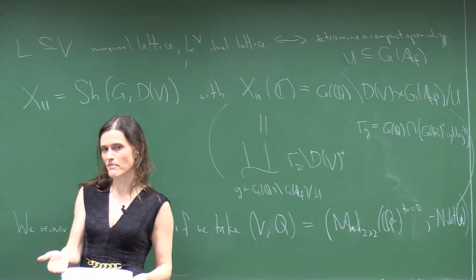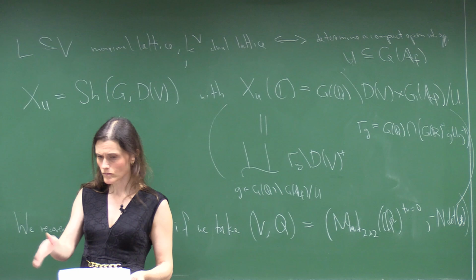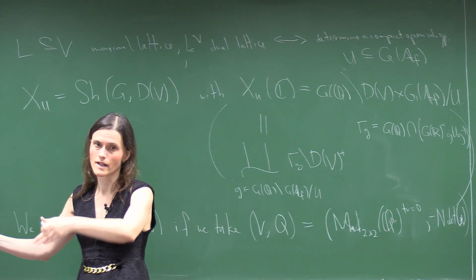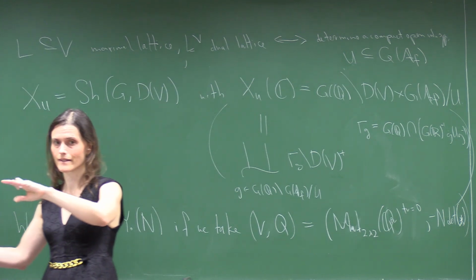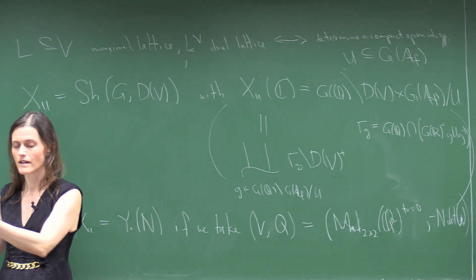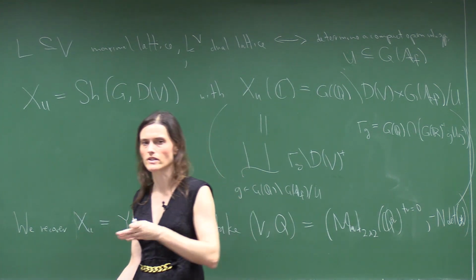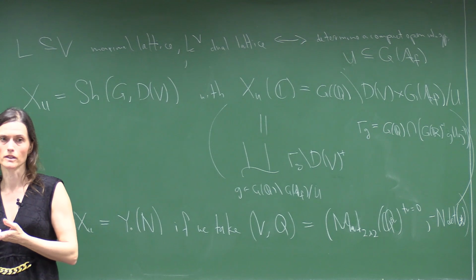That subspace, which is secretly an imaginary quadratic field, embeds and gives a zero cycle in the spin Shimura variety, and those zero cycles are a geometric realization of CM points or Heegner points in general.